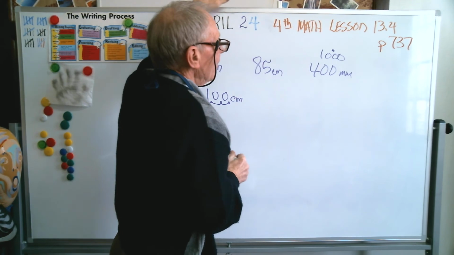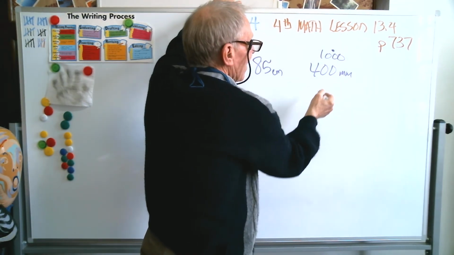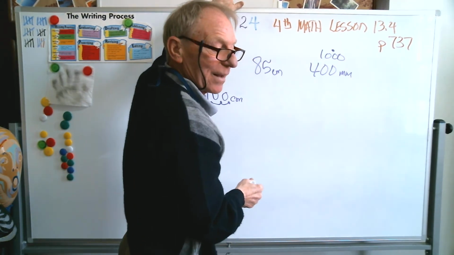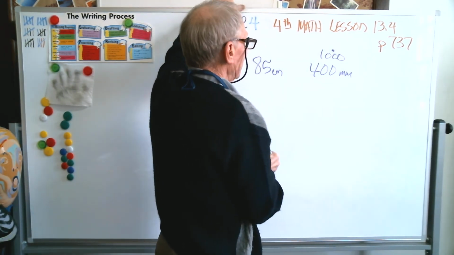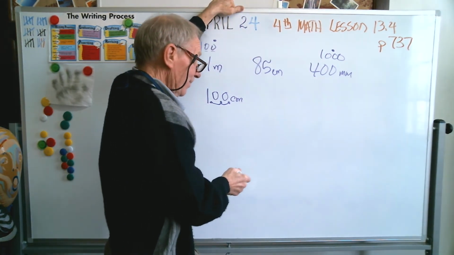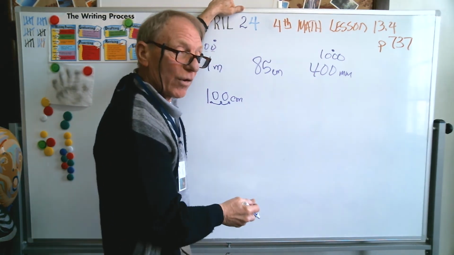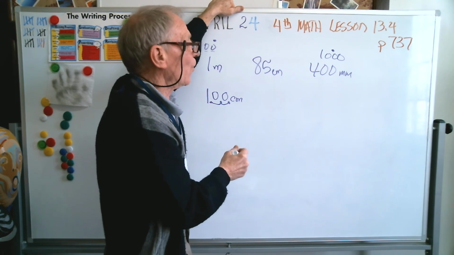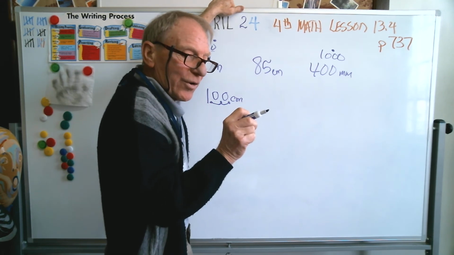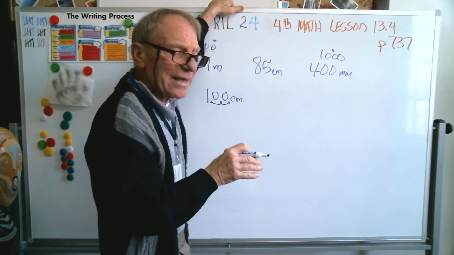On the other hand, though, where we have 400 millimeters, we're going to be going in the opposite direction because a millimeter is smaller than a centimeter. So when you convert a smaller unit to a bigger unit, there's going to be less of them.